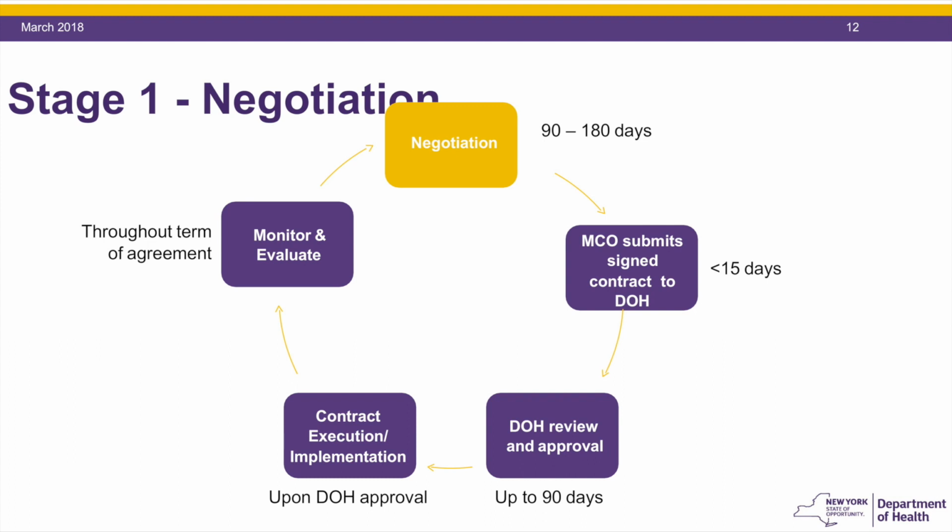The Department of Health is not a party to negotiations. This happens between the payer and a provider, the MCO and a provider, be it an IPA, ACO, or a provider directly. We have spoken to managed care associations, and we were told that those contracts can take between 90 to 180 days, sometimes much longer, depending on the complexity of the arrangement they're trying to negotiate.